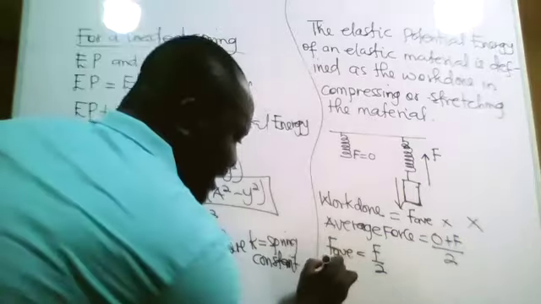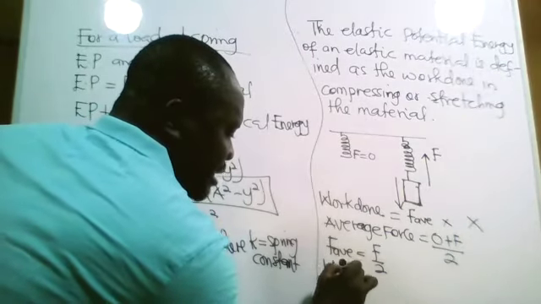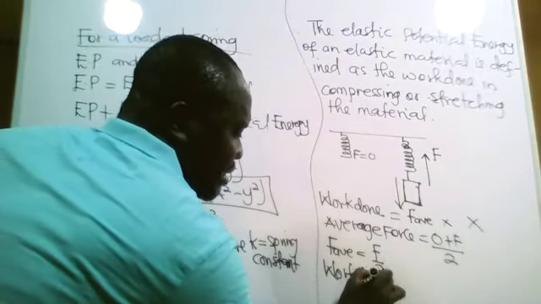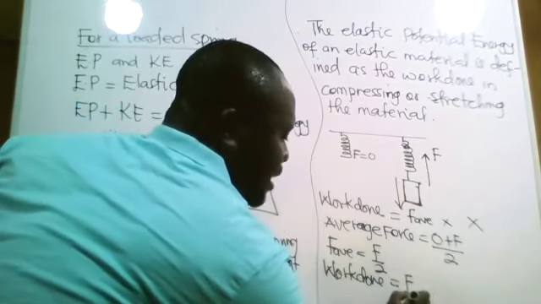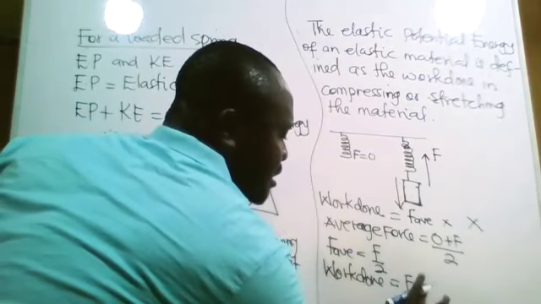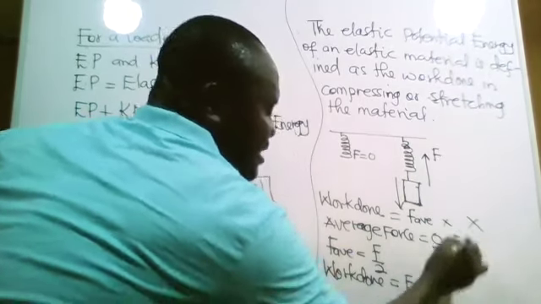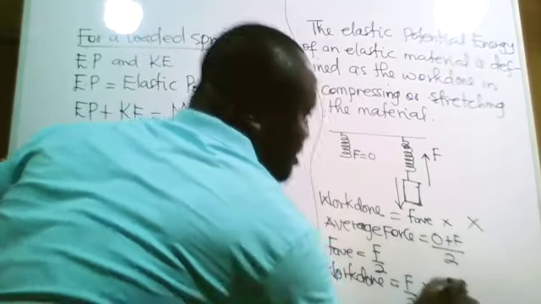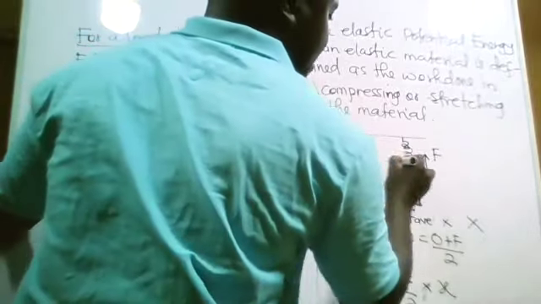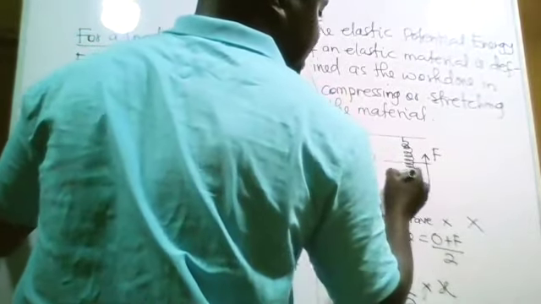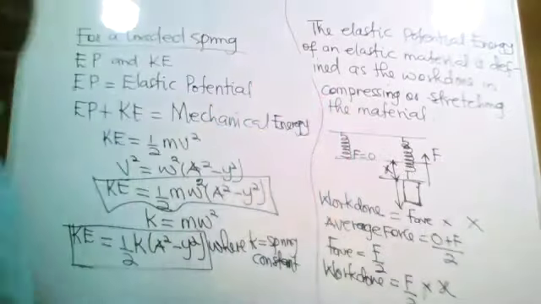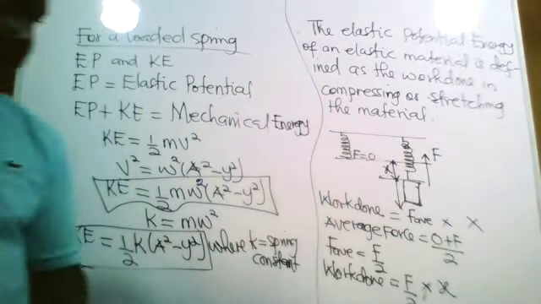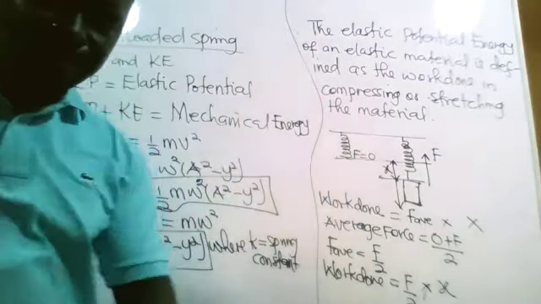Therefore, the work done in stretching the spring is equal to the average force F over 2 times the extension X. So when we draw the equilibrium position, this is the extension when the load is suspended.